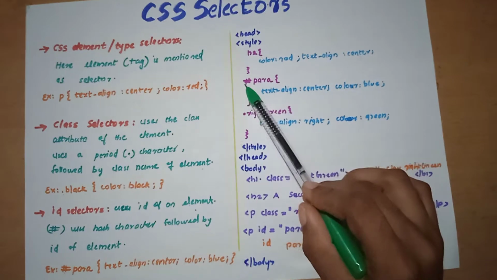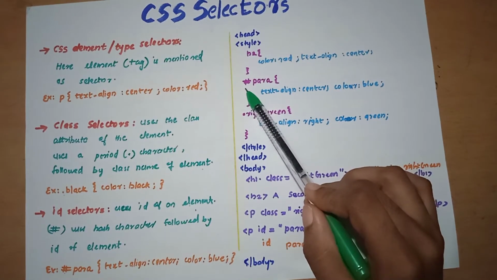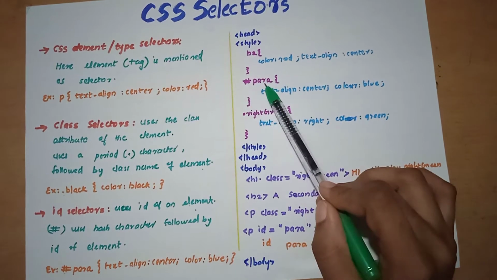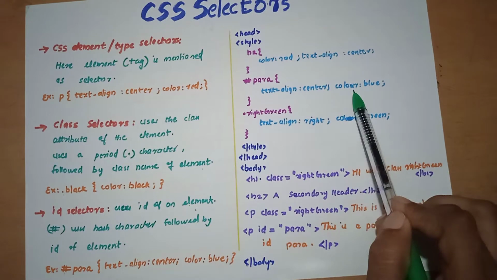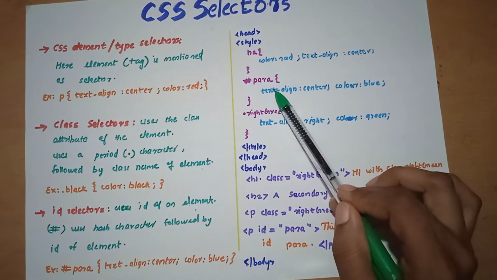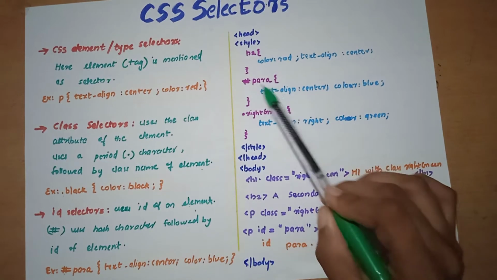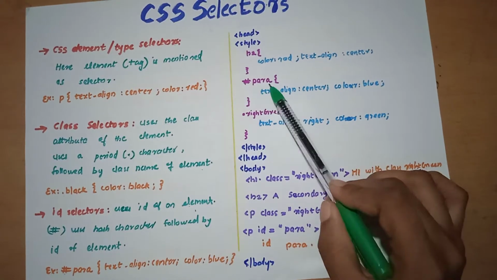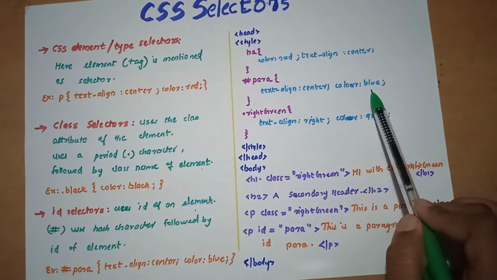Next, as we can see, this is a hash character, so it defines an ID selector with the name para. Whatever is inside should affect the body parts. I've done this ID selector with the name para and some styles, such as text-align center and color blue.